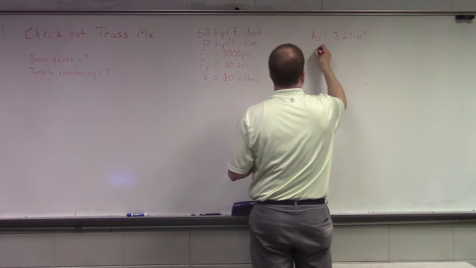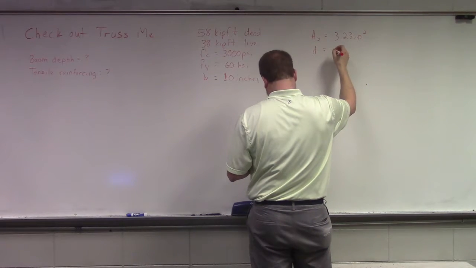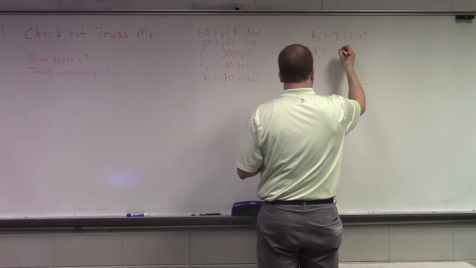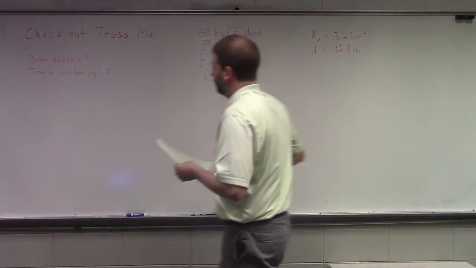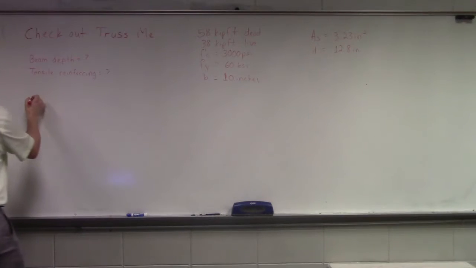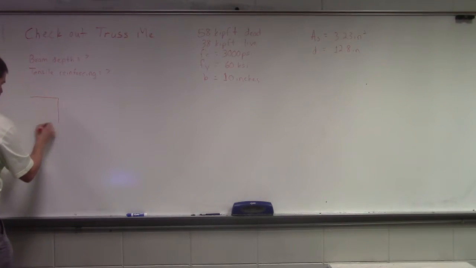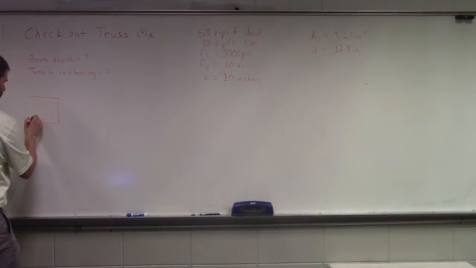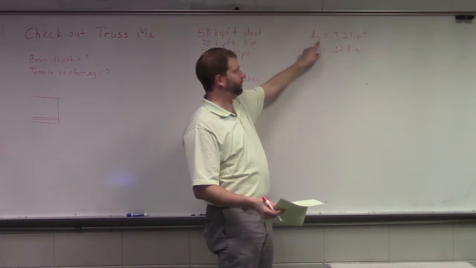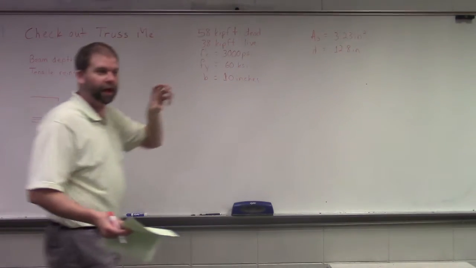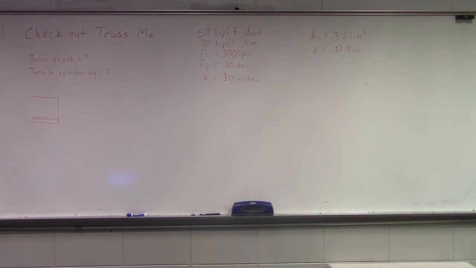So little d was the square root of M over R. What was A sub S? 3.23. A sub S is the area of steel. Remember that A sub S is the total area of reinforcing steel that you need in your tension face, okay?